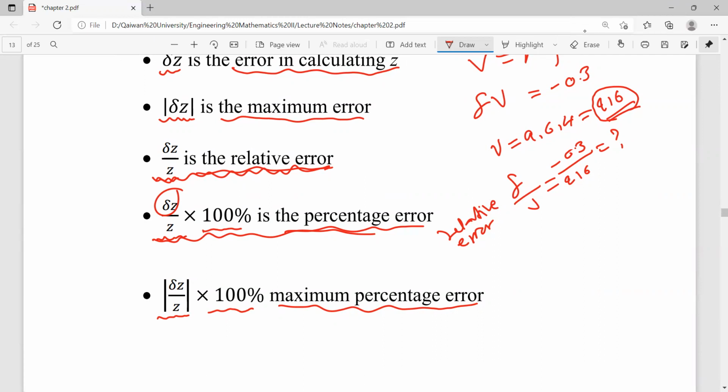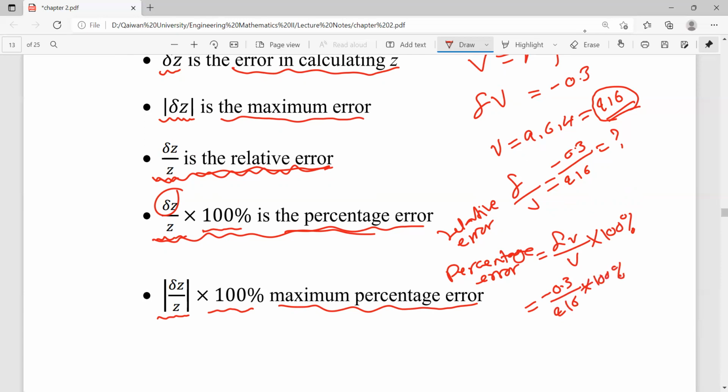For percentage error, equals delta v dividing by v times 100%. We say delta v is minus 0.3, dividing by v, which is 216, multiplying by 100%. You'll get the results.